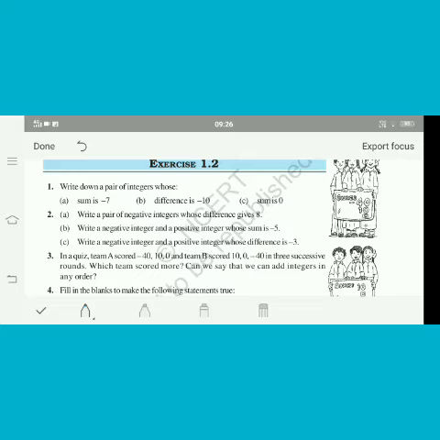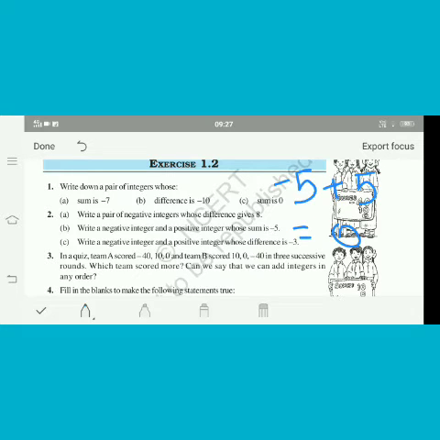So in this case you have to take one negative number and one positive number, so that the sum comes out 0. So in this case I am giving you a very easy example, that will be -5 plus 5. Okay, minus 5 plus 5, it will give us 0.